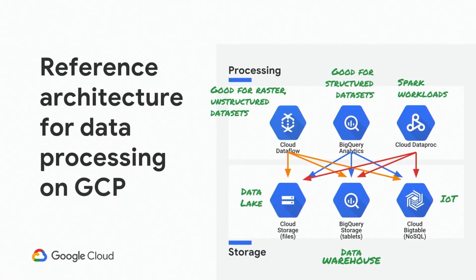The idea is that storage and processing are separate. You choose your storage mechanism depending on the type of data, and when you're ready to process it, you can use Apache Beam on Cloud Dataflow, Apache Spark on Cloud Dataproc, or write SQL statements in BigQuery. These are different ways of doing the processing, and all of these are ephemeral jobs that come up, do the processing, and go away.